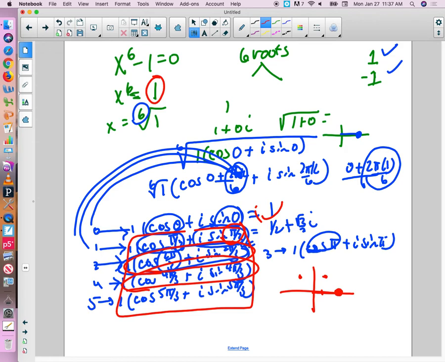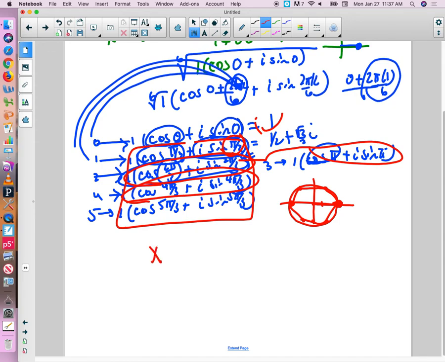Oh, I'm sorry, I keep forgetting about this one. This one would land right here. The 4 pi over 3 would be right here, more down this way. And then the 5 pi over 3 would be like this. And so they go around your circle in an even manner, like that.